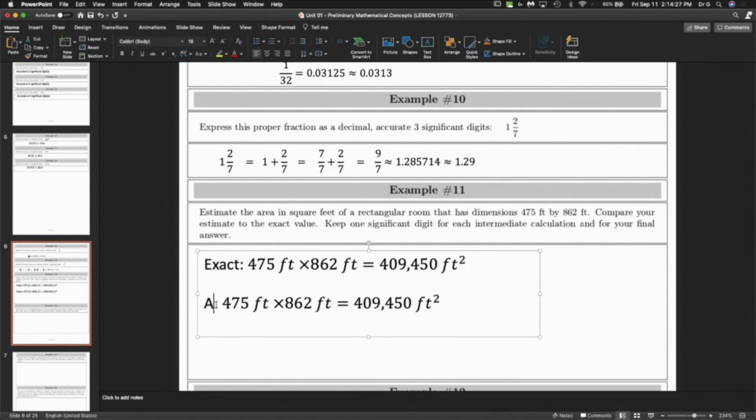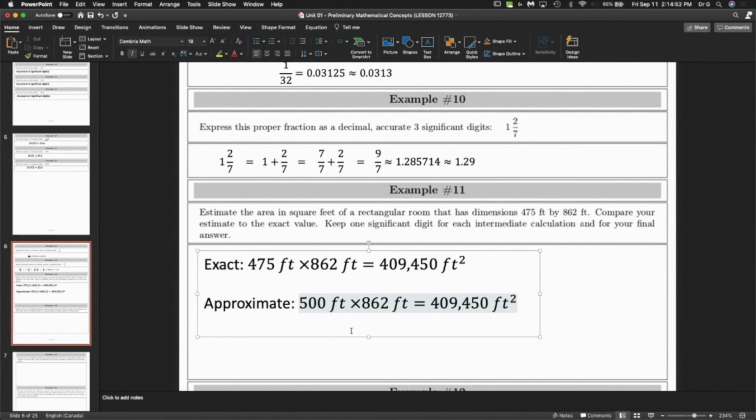Now let's do the approximate answer. So 475, it says here keep one significant digit. What is 475 if you round it to an accuracy of one significant digit? 500. Good. Don't round the final answer.